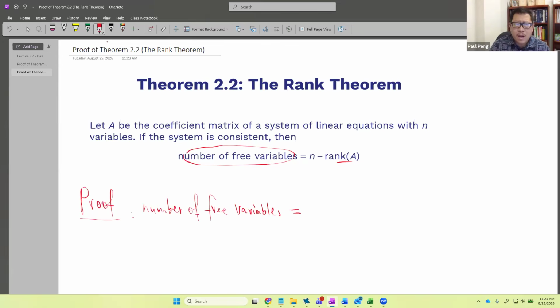We have two types of variables in a linear system. One is a leading variable, another is a free variable. That's the definition.